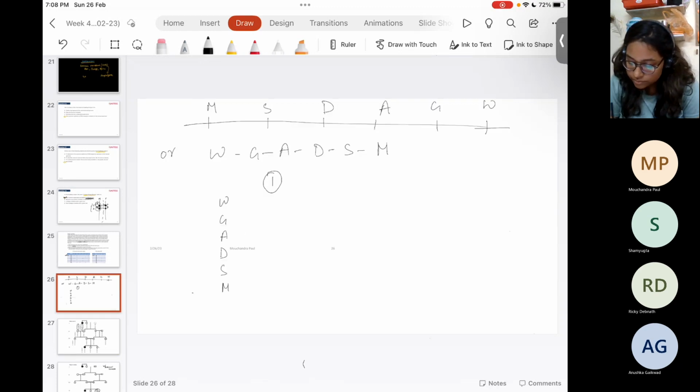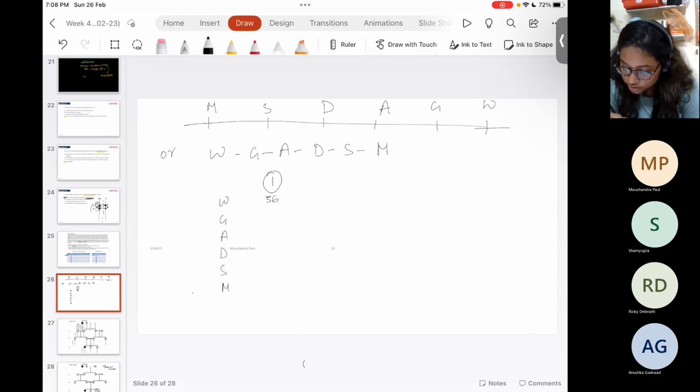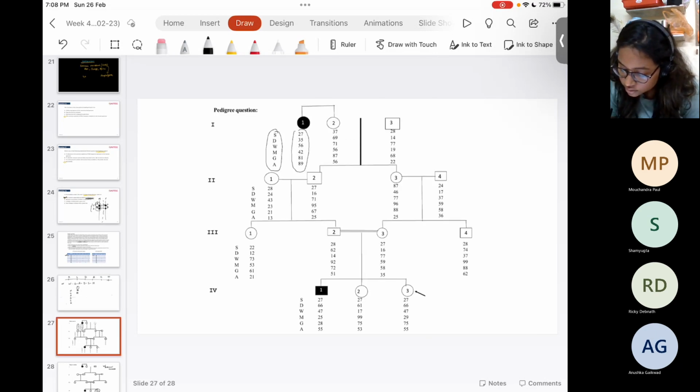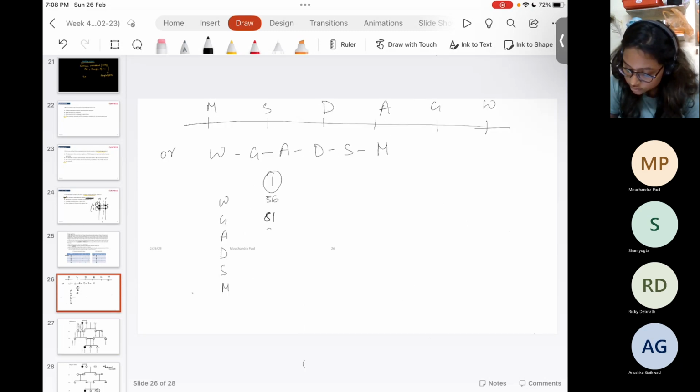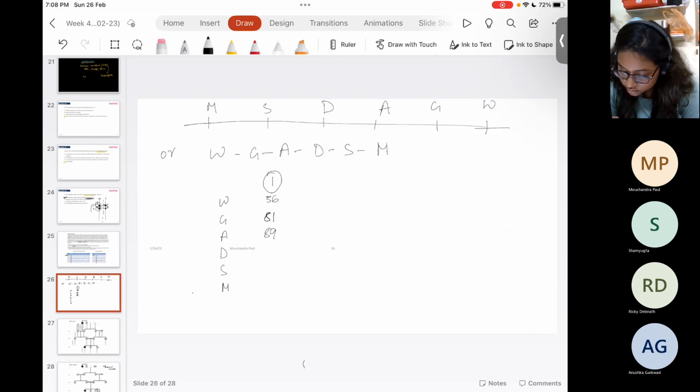So for W, it was 56. Then G, it was 81. A was 89. D was 35. S 27.